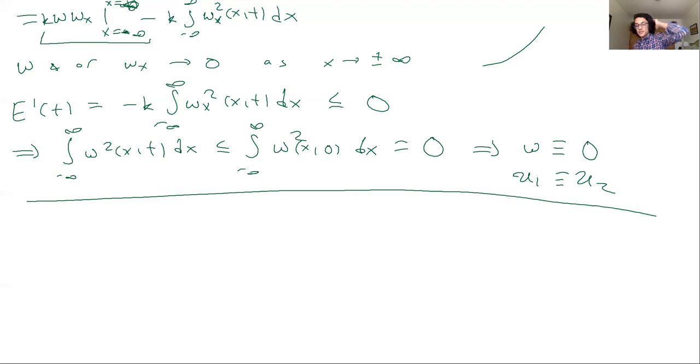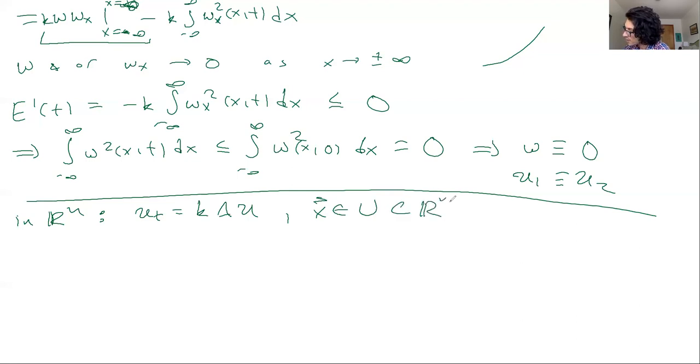The very last part that I wanted to do is in R^n. We haven't talked much about the heat equation in R^n. I wrote down the fundamental solution. But let's say that x lives in U, and U is a strict subset of R^n, and it's bounded.